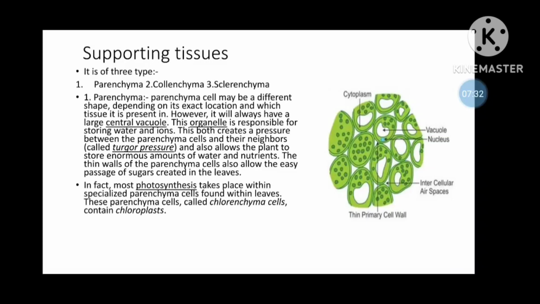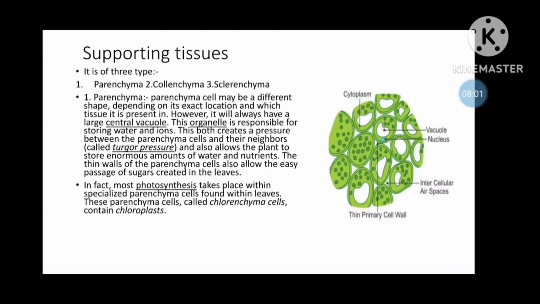You must know the cells of parenchyma may be oval, cuboidal, right? The parenchymatous cells have large central vacuoles. These organelles are responsible for storing water and ions. Means the central vacuoles are mainly involved in the storing of water and ions.